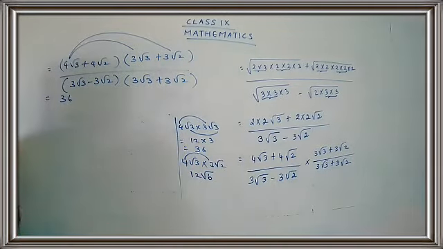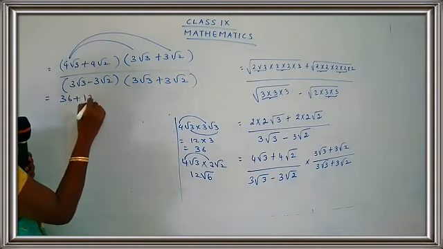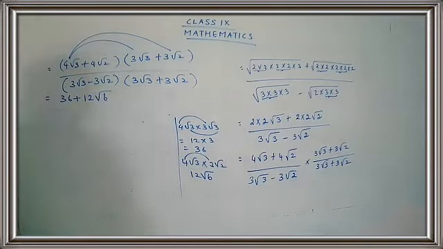Root 3 into root 2 is root 6. So I'll get the answer as 12 root 6. Now here everything is positive, so no need to worry about the sign. I'll get plus 12 root 6.